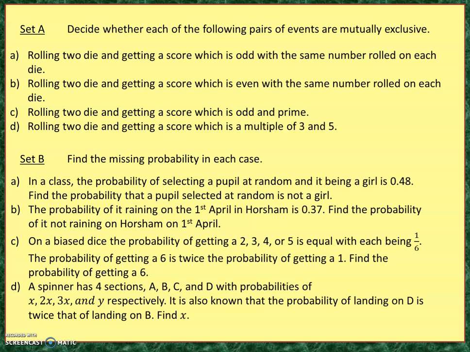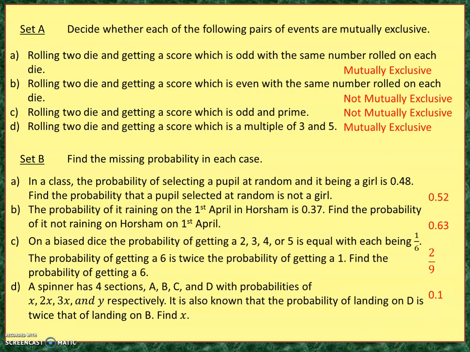And if the answer to that question is yes, then they are not mutually exclusive. In the set B questions, you are trying to find the probability that is asked for using the fact that we know the sum of mutually exclusive events is 1. Some of them are straightforward, some of them are quite tough. And here are the answers.